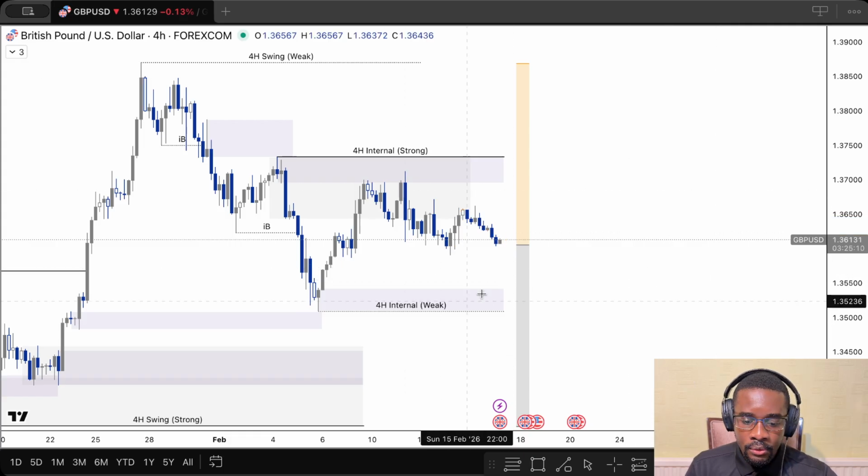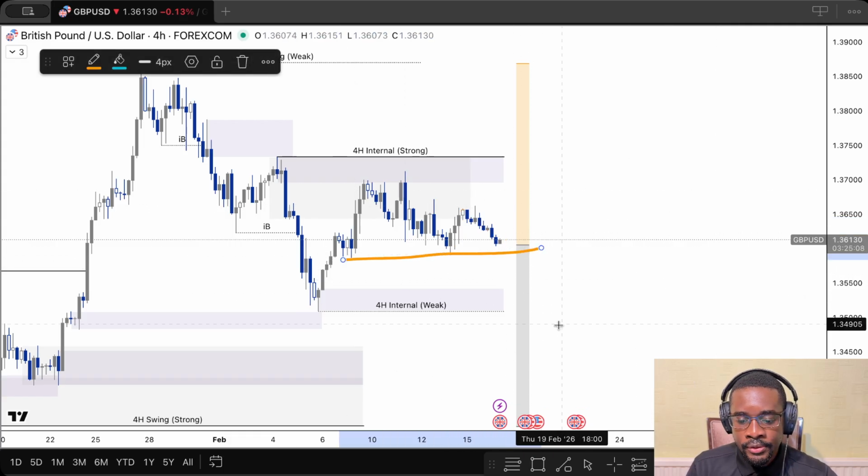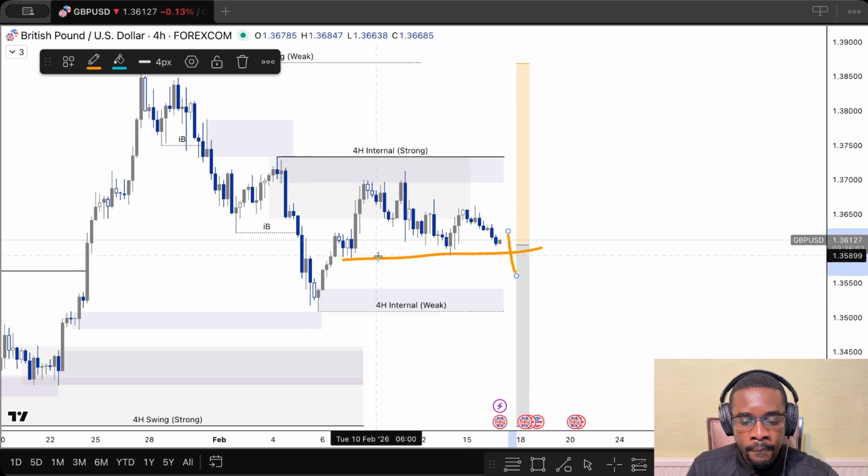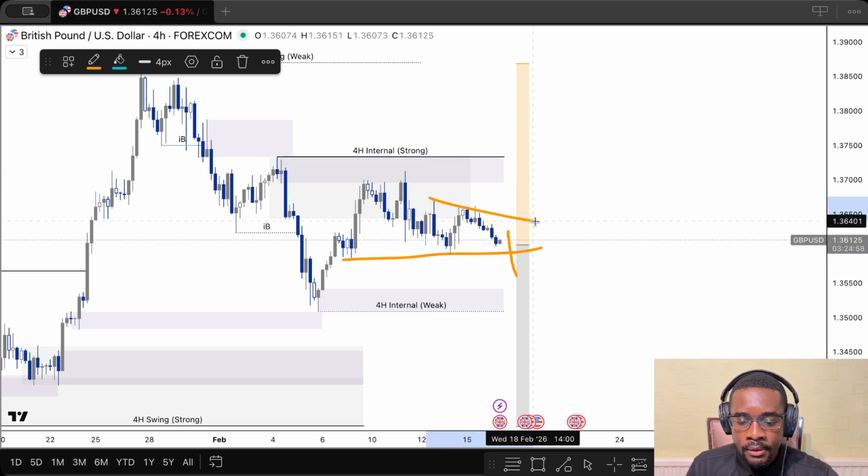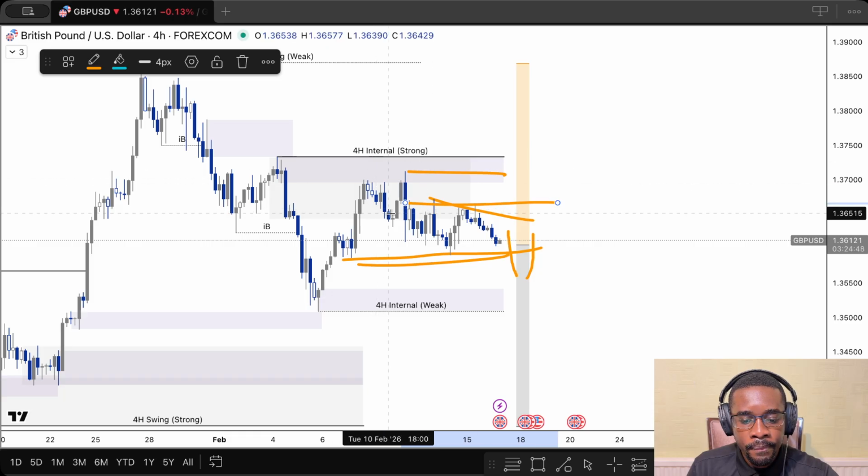So we have relatively equal lows, okay. So expectation is that we may sweep these. Once we take those lows, let's see, on the pound there's not much, so we may take these lows, okay, and then maybe have a reaction to come back to this extreme supply, which is newly created, okay, which was created from the sweep that we had before.